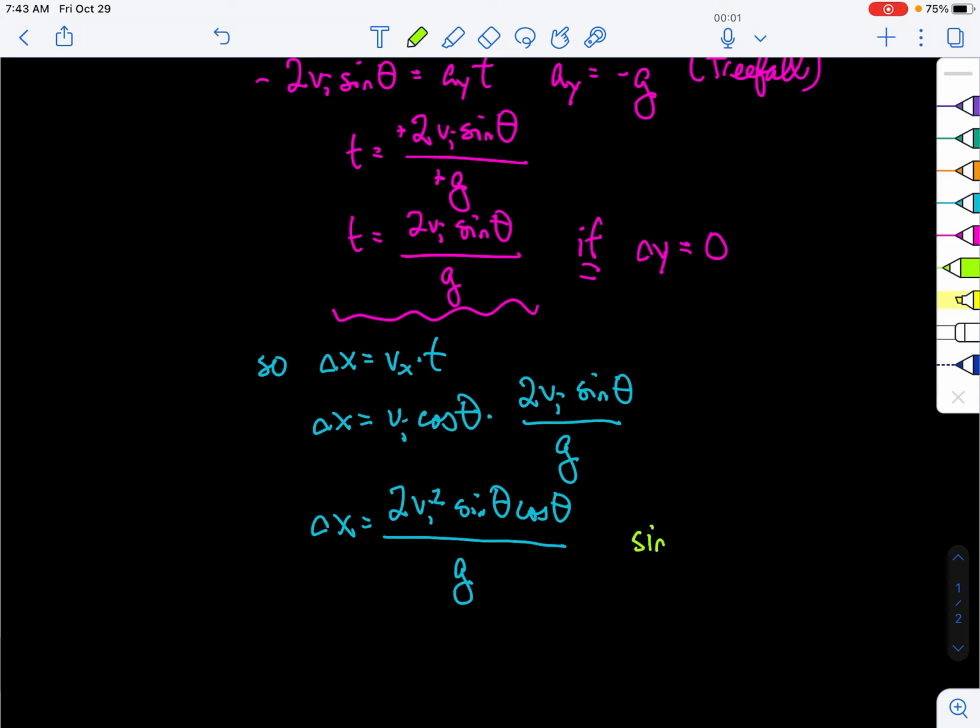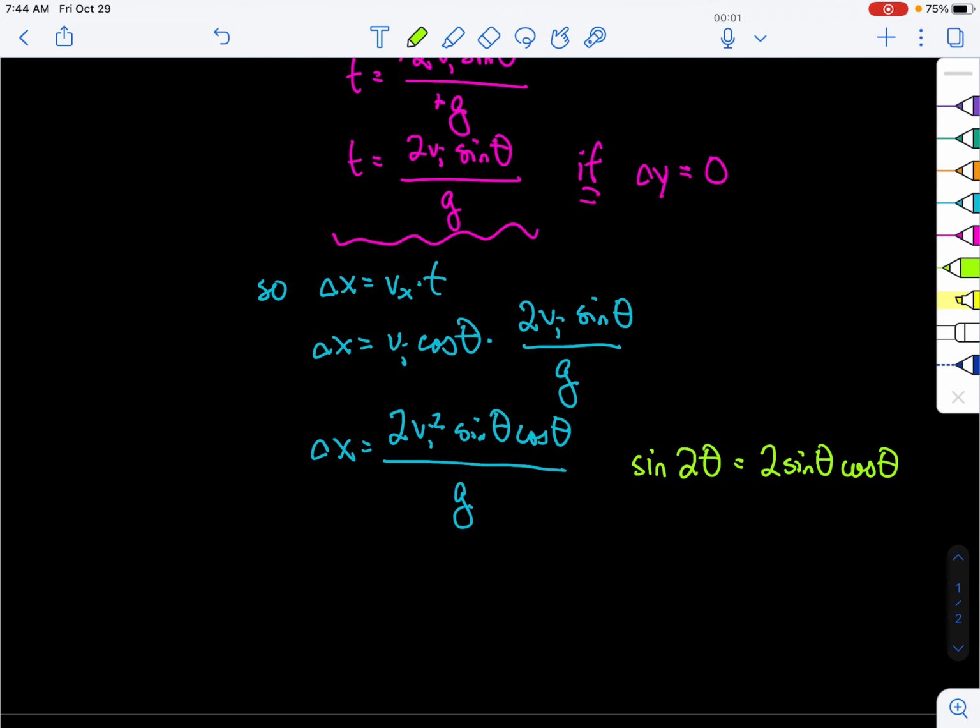Well, that's the same as sine of 2 theta. Let me write it the same way. And so I'm going to rewrite this equation one last time, replacing 2 sine theta cos theta. Delta x equals vi squared sine 2 theta all over g.